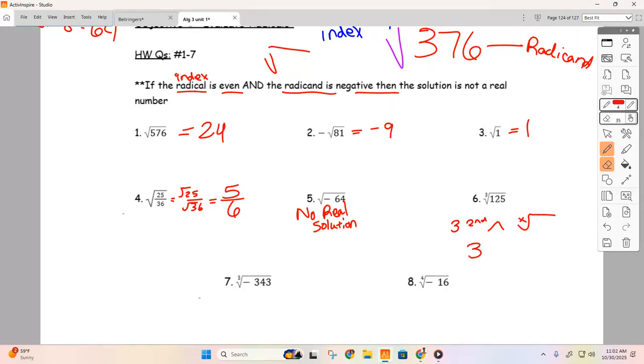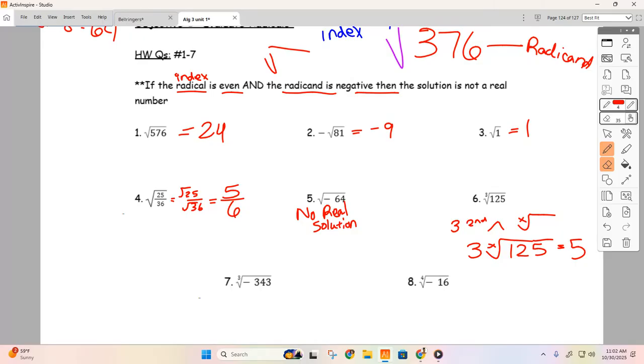So in the calculator, you should see 3, and then this. Then you type in the number. This button is for any time your index is something other than 2. What is the cube root of 125? 5.